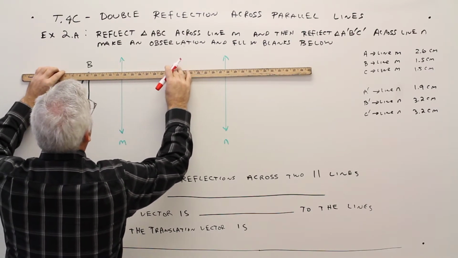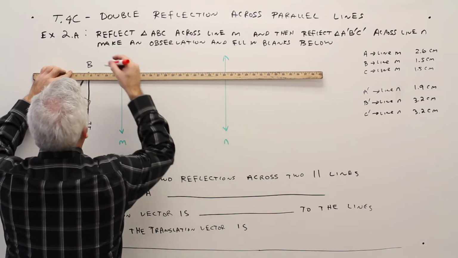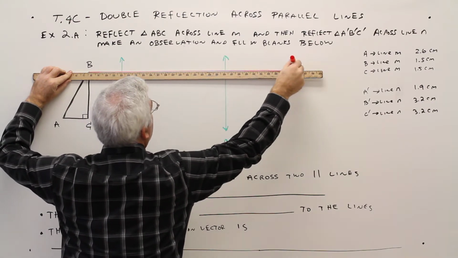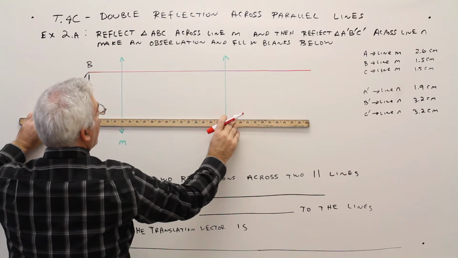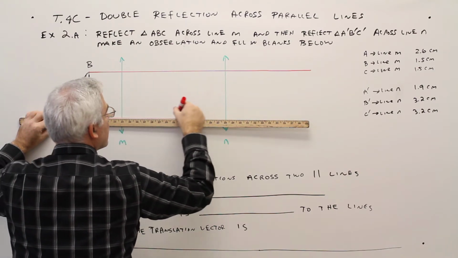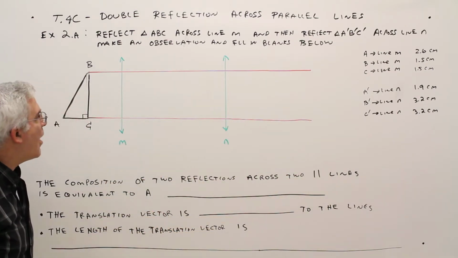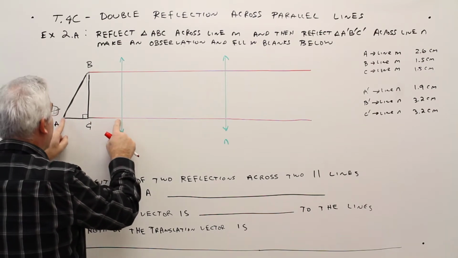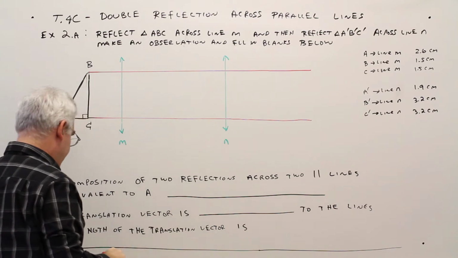We're going to go all the way across, and make sure that we're parallel to that down here. Next, I already measured out this distance, and this distance. So I'm just going to go parallel and that much beyond.